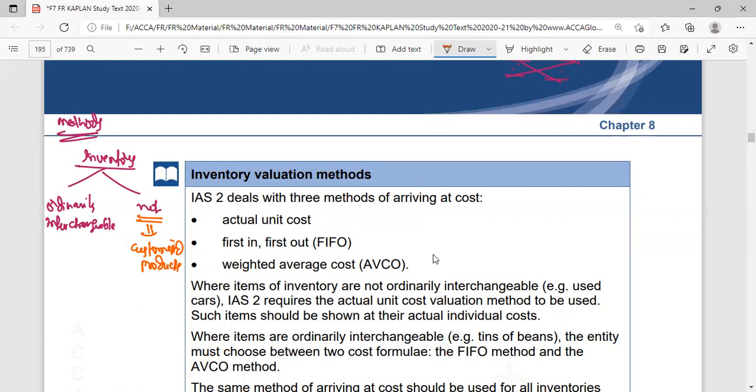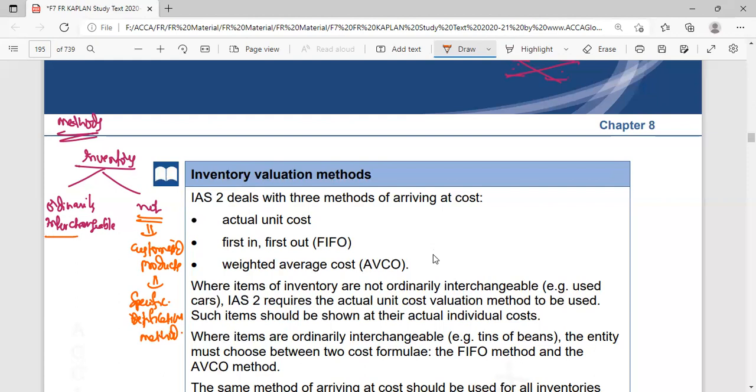So that is called a customized product, and the product cannot be sold by the maker to another party. It cannot be interchanged with another party. So in this case, they prepare one job sheet. In the job sheet, it clearly identifies what is the material, what is the labor, and what is the expense. So this is called the specific identification method.